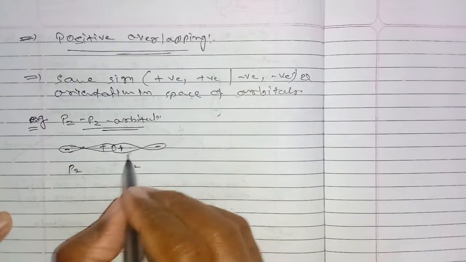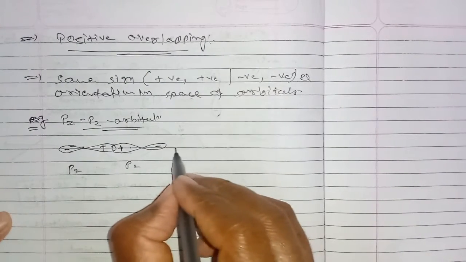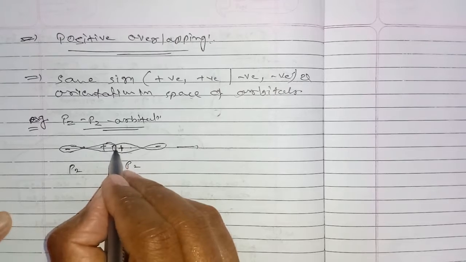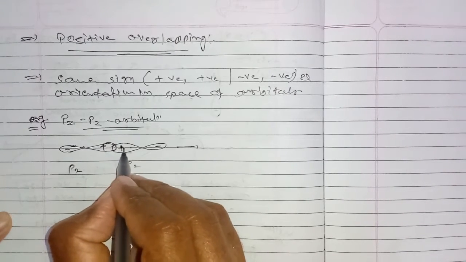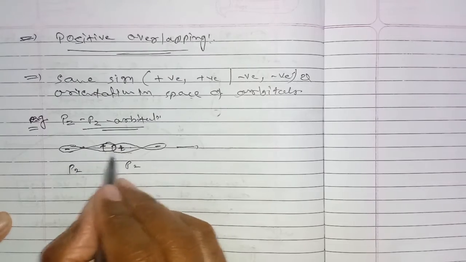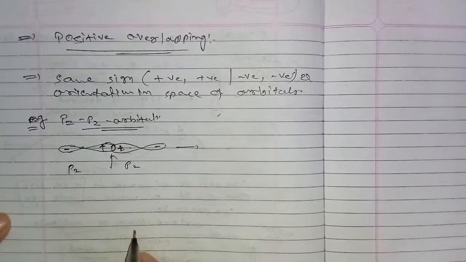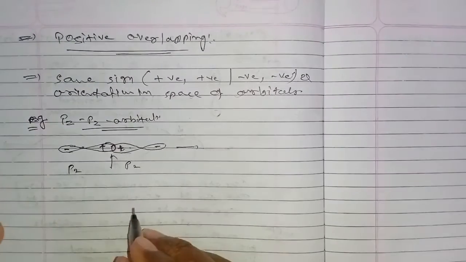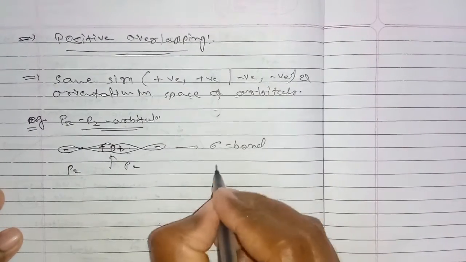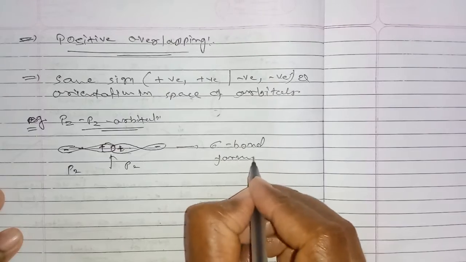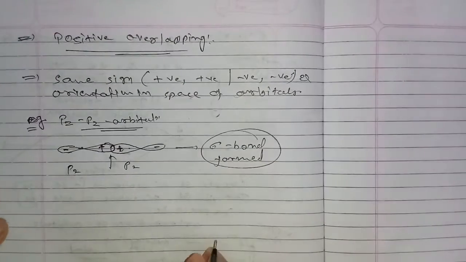Here the bond is formed by the overlapping of positive and positive signs, and a sigma bond is formed.